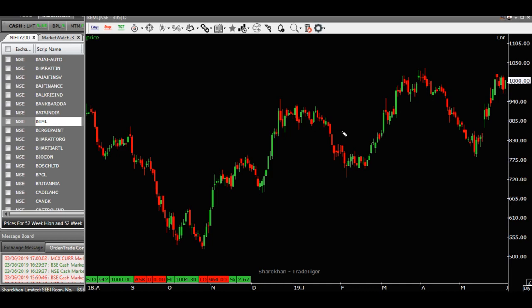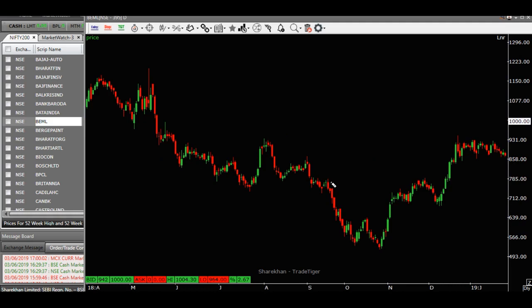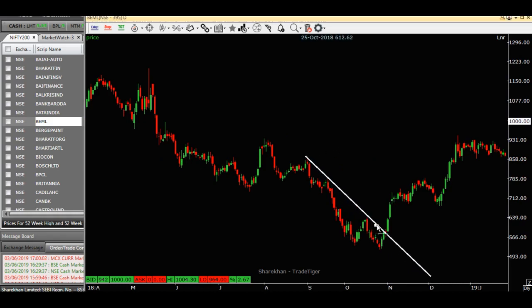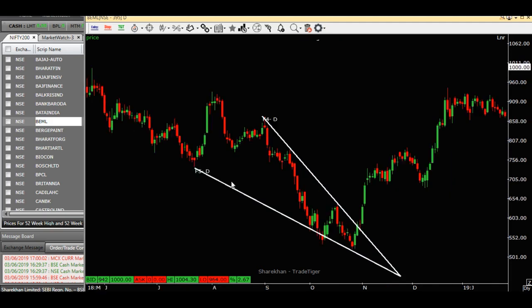Let's look at a falling wedge pattern. We have a falling wedge pattern here.